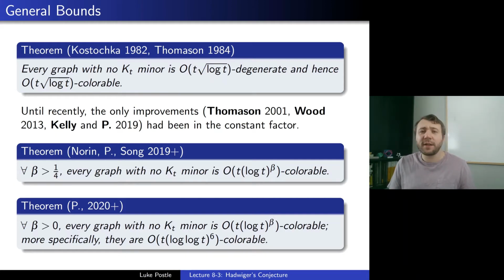in this lecture. But you can, of course, look at the papers on the arXiv and such for more details. But what's the nice part about these last results is that now there is a difference. It used to be that the best argument for general t was basically an average degree argument. It didn't really use anything about coloring specifically, other than that large average degree forces large complete minors.